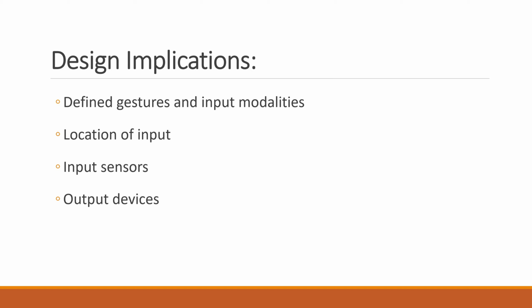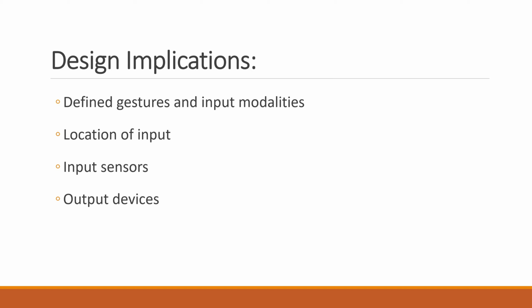So what are the implications of this study? What we have is we have now defined gestures and input modalities that most likely could be used for design of input devices. We've also defined areas of the location where to apply sensors and devices for input based on the different gestures.